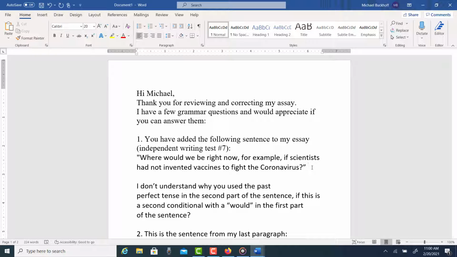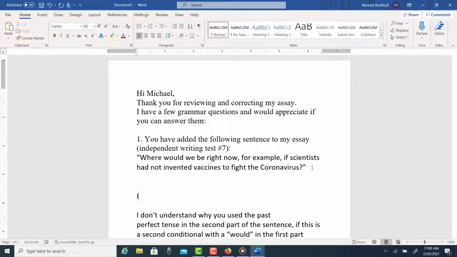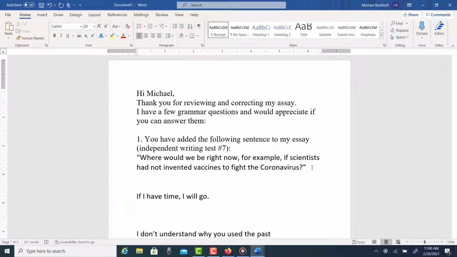So let me explain to you three types of conditional statements. We have present possible. If I give you this example, if I have time, I will go, right? But then we have present impossible. So we change that to if I had time, and then this goes to would go. And then the third one, this is kind of what you're seeing.